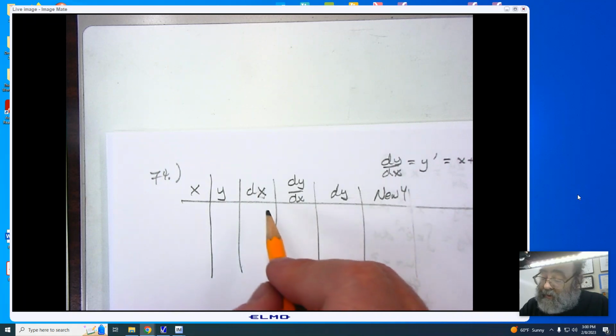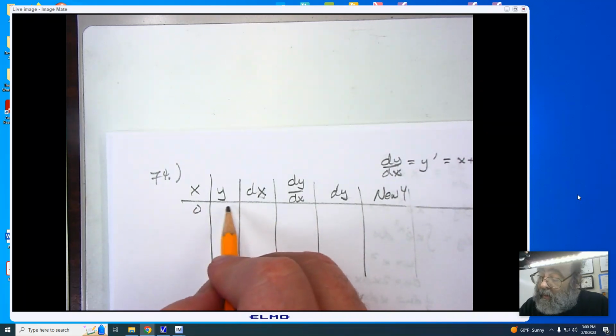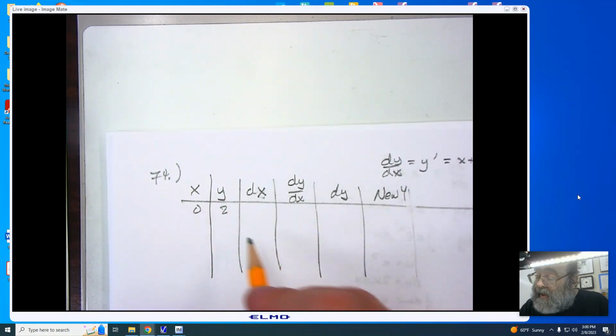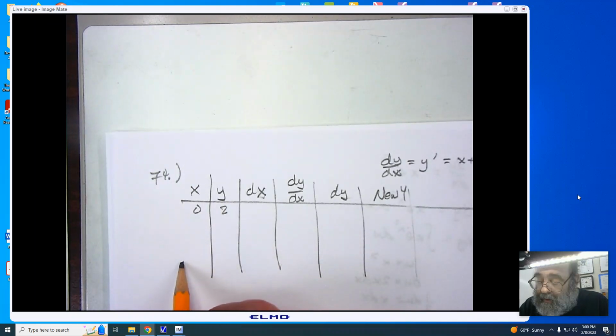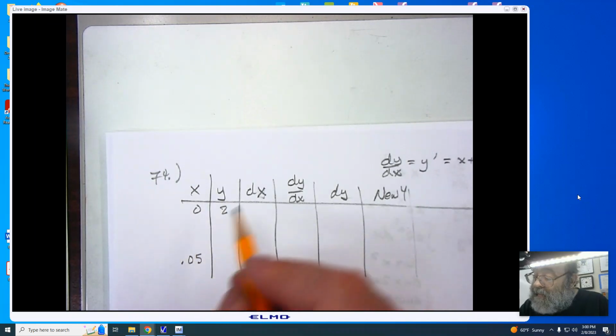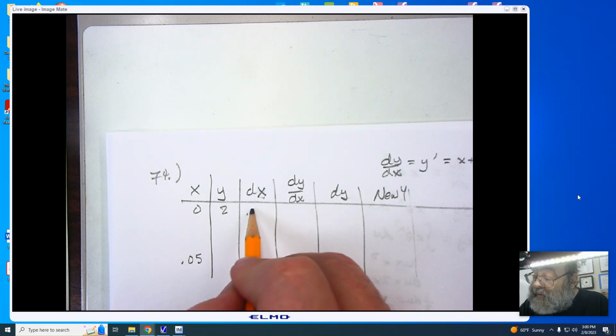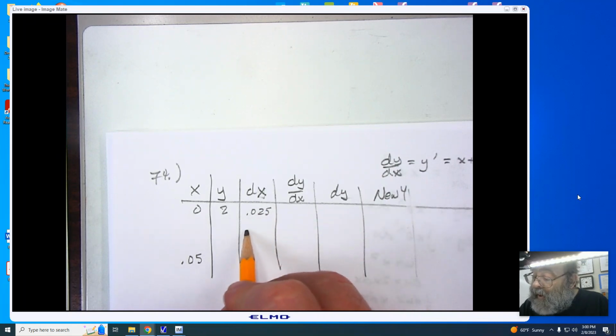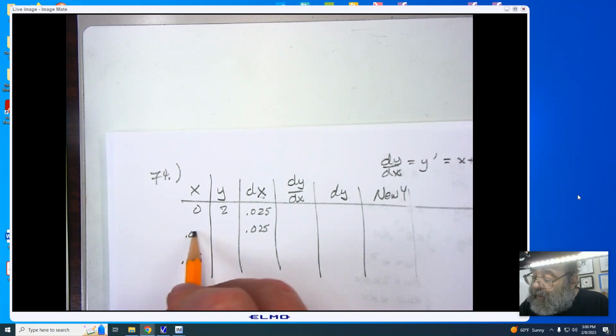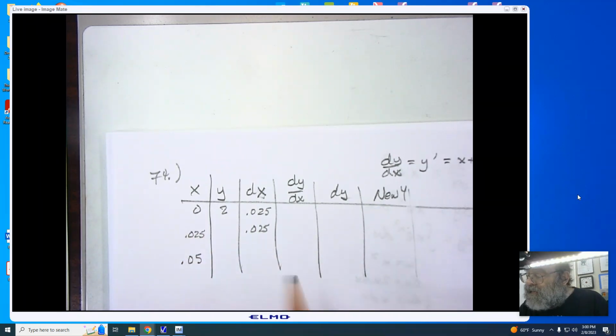The initial condition is 0, 2. And we're now trying to get to 0.05. So that means that I'm going to add 0.025 and 0.025. That's going to give me 0.025 and then 0.5.